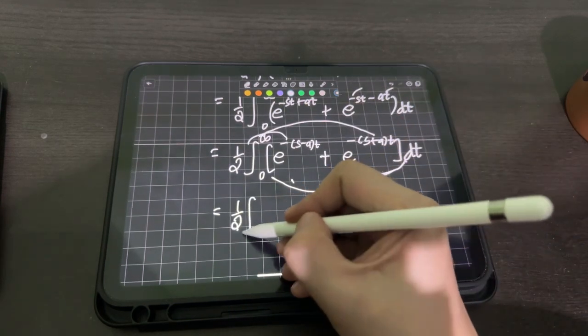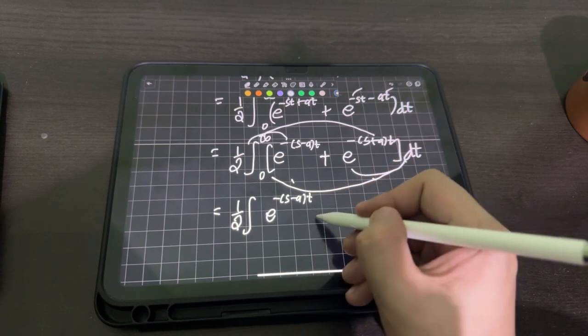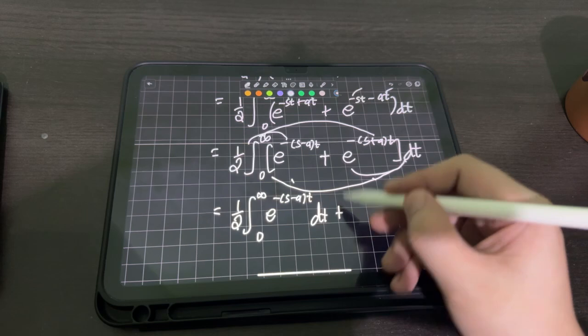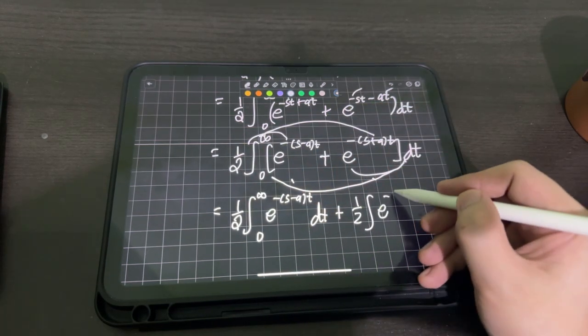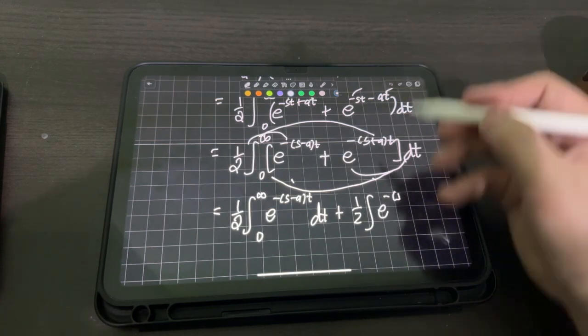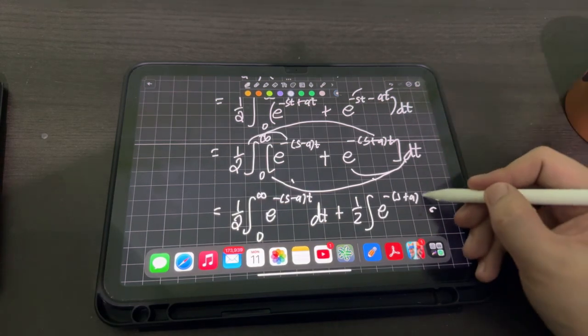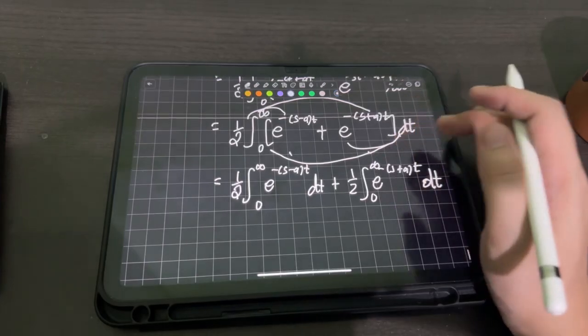So you have 1/2 integral of e to the negative quantity s minus a, t, dt from 0 to infinity, then plus 1/2 integral of e to the negative quantity s plus a, t, dt from 0 to infinity.